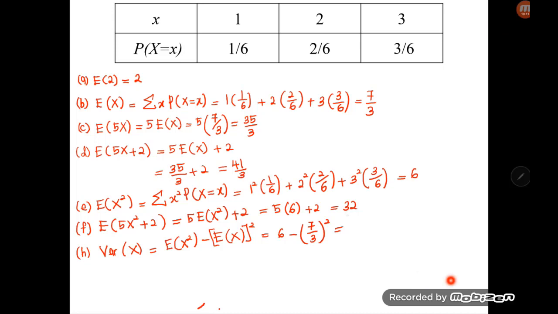Then this one is equal to 5 over 9. So that's all.